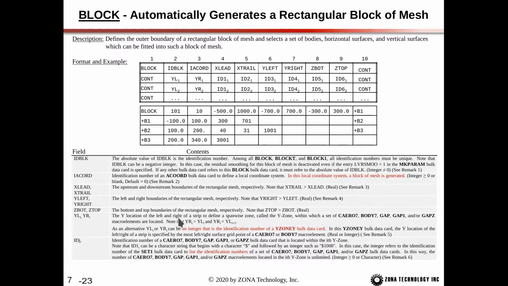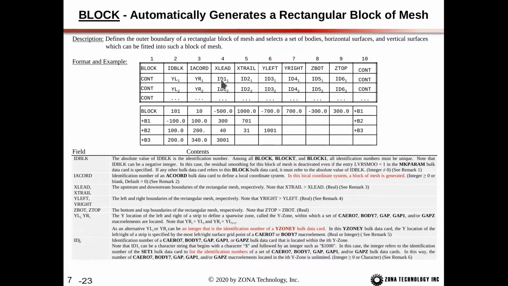You can use a real number to type in what the Y coordinate is of the left and right boundaries, or these can be integers which refer to a YZONEY bulk data card, and the YZONEY determines what that boundary is. Now note that the YL of an entry must be equal to the YR of the previous entry. So this Y zone would be adjacent to this Y zone, which means the right hand side boundary of the first Y zone equals the left hand side boundary of the second Y zone.